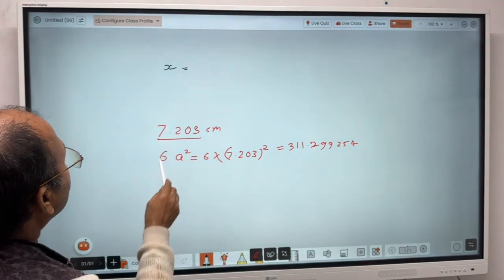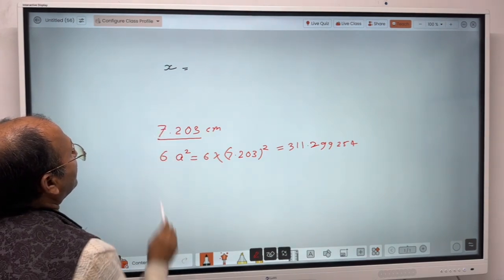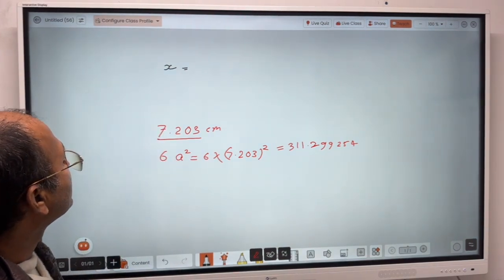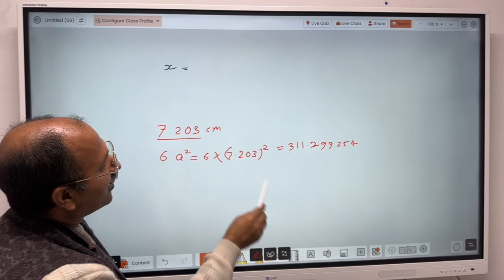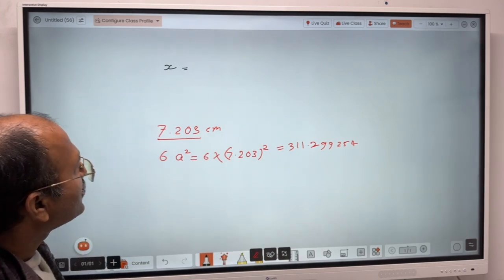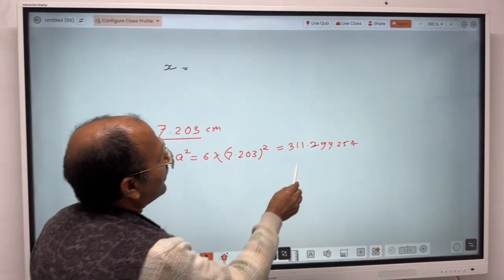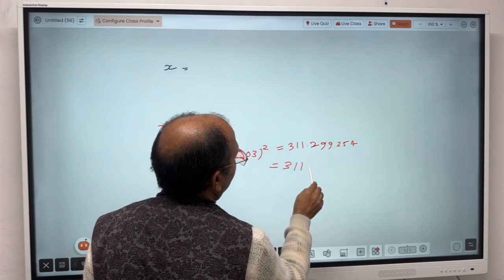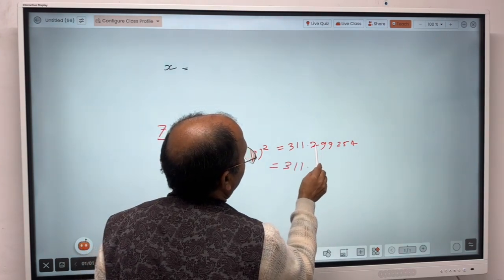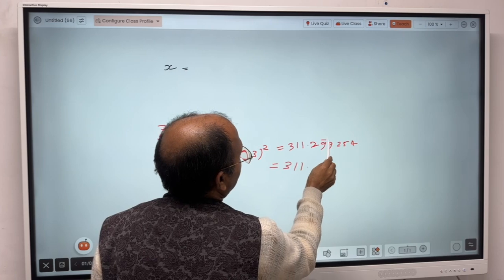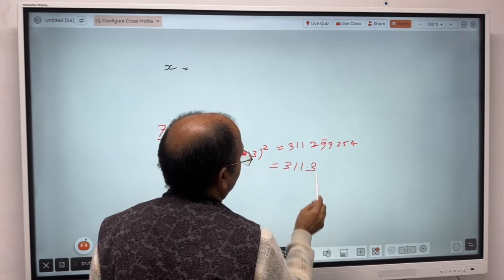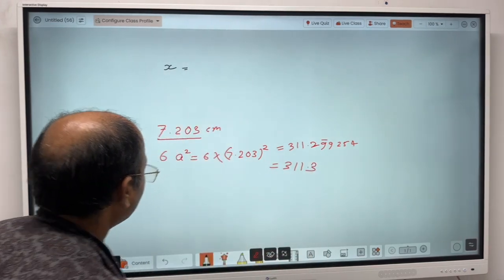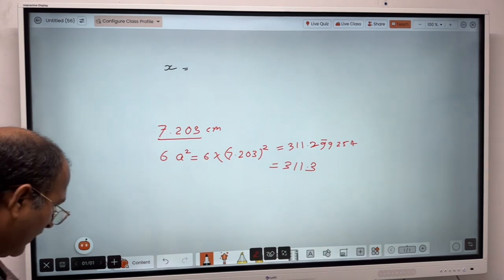When we considered the edge of the cube, it has 4 significant digits. So our answer should be restricted to 4 significant digits, that is 311.3, because this 2 will increase by 1 as the next digit is 9. And the unit is centimeter square.